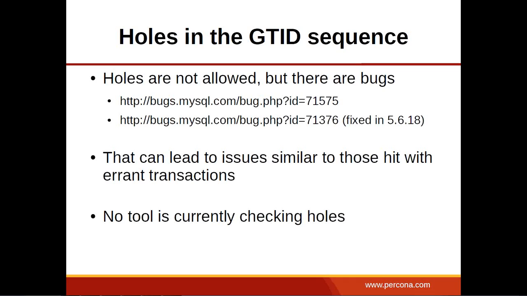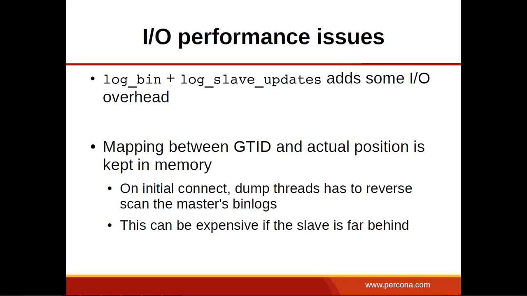Another typical issue is I/O performance. There are two aspects there. The first is that on all slaves, as mentioned before, you have to enable log-bin and log-slave-updates, which means that all the transactions are written in the binary logs on all servers, including all the slaves. Of course, this has some overhead. The other thing is that, as I said before, there's a mapping between a GTID and the actual position in the binlog, and this mapping is kept in memory.